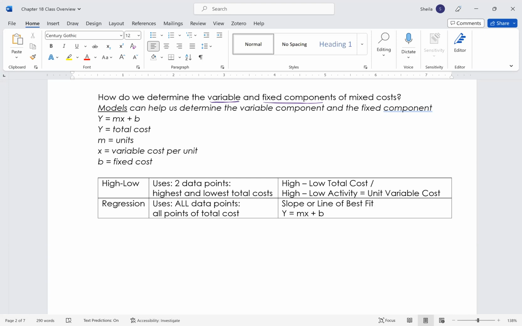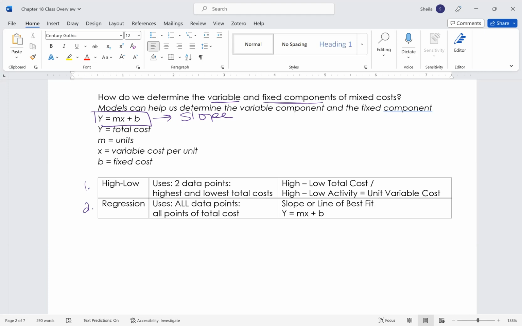So if you've seen this formula before, it may have been a little while, but this is really the slope, okay? So basically, within this formula that we're going to derive, we've got two ways to do it. We either have high-low or regression.